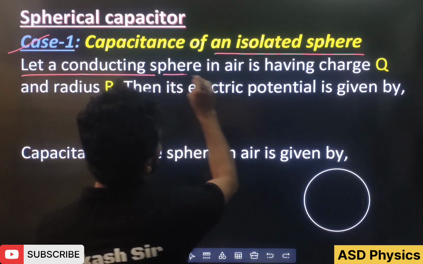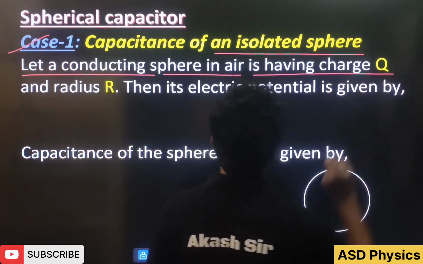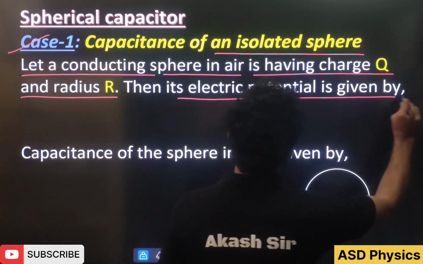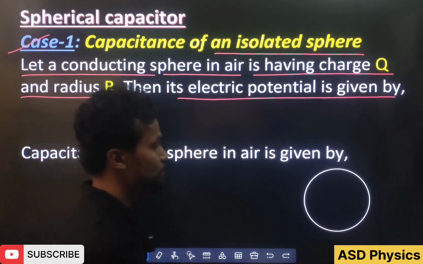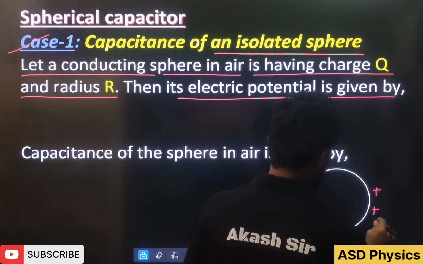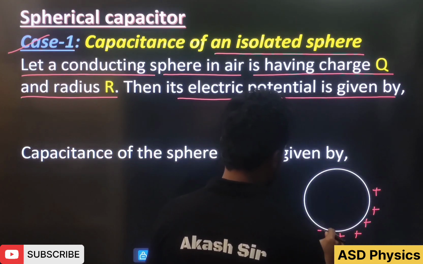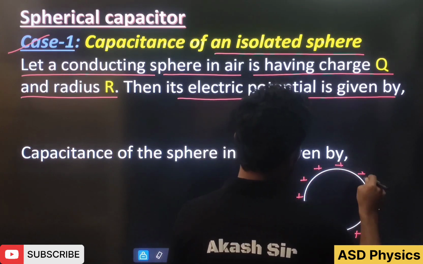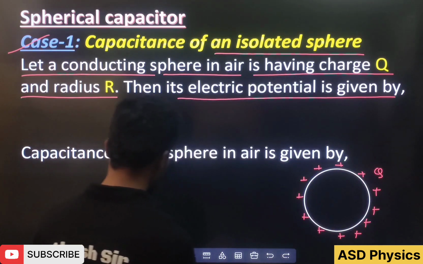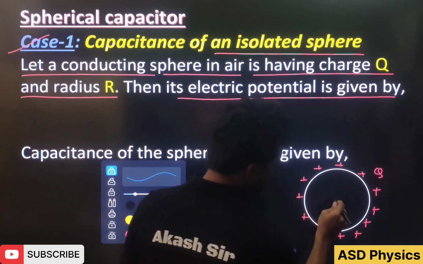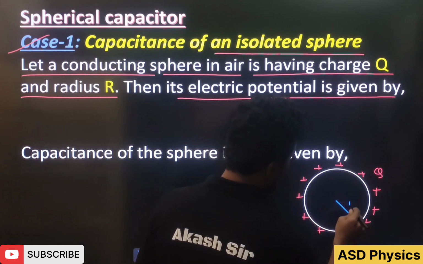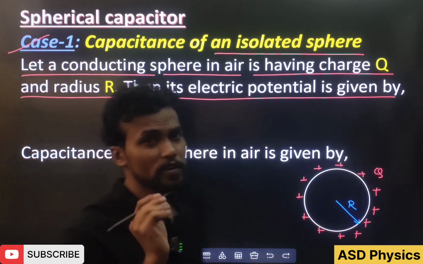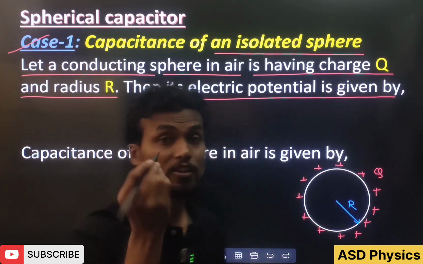Let a conducting sphere in air have charge Q and radius R. Then its electric potential is given by, according to the situation, a conducting sphere in air medium. It has charge Q and radius R. The potential by default means potential on the surface.